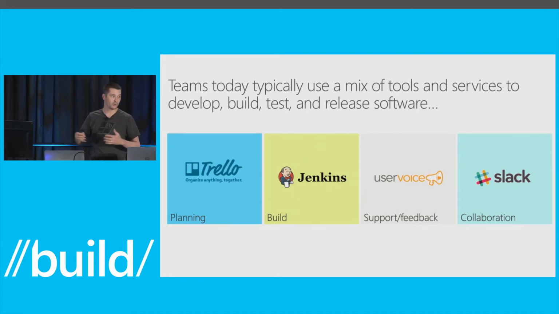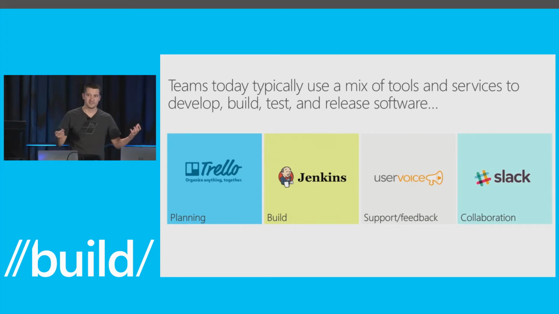Maybe they have a team that's using Trello for lightweight management of tasks and work. A lot of teams doing Java applications need to build them, so they're using things like Jenkins. Tools like UserVoice for getting user feedback and support. Tools for collaboration like Slack. People today are using a lot of different tools as they're delivering software.